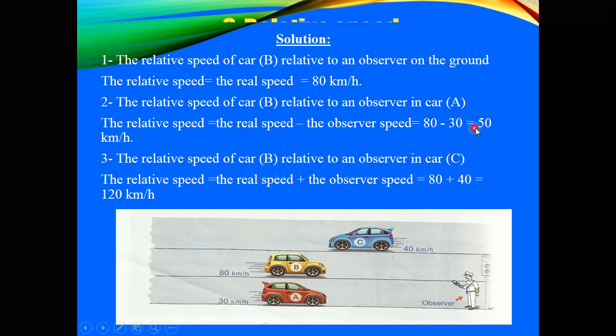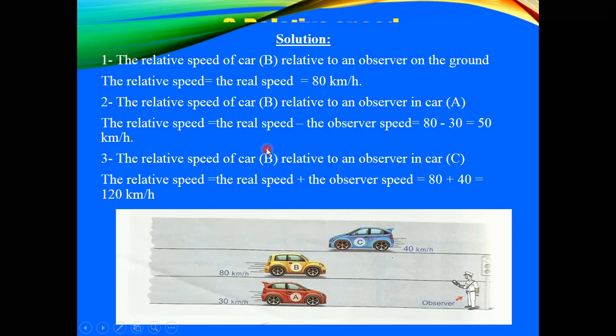It means 50 kilometers per hour. يعني لو أنا قاعد in car A هشوف car B كأنها ماشية only with 50 kilometers لأن أنا already بتحرك. دي minus دي.